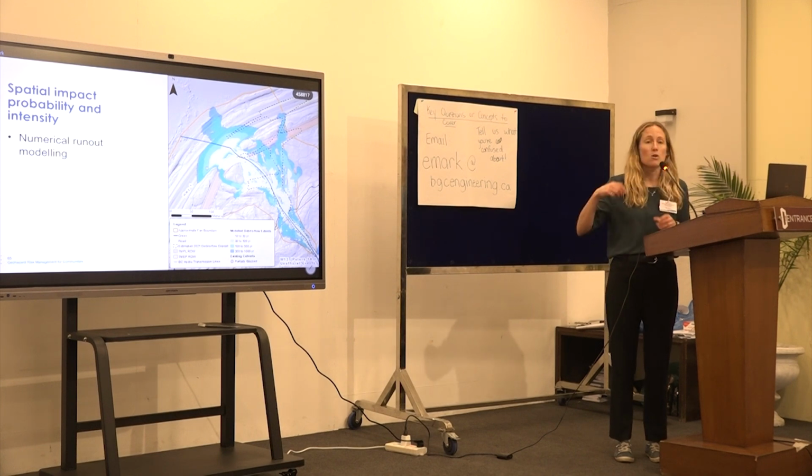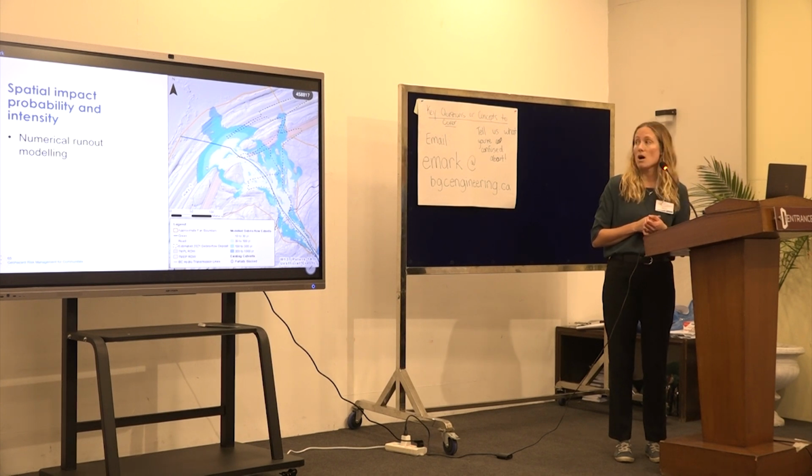The numerical runout modeling tool can give you a sense of how far a certain event might go, and you might look at different scenarios there as well, and then the intensity. So hopefully that gives you a bit of an overview of where we get those H and S terms from, rather than just making them up for a group activity.